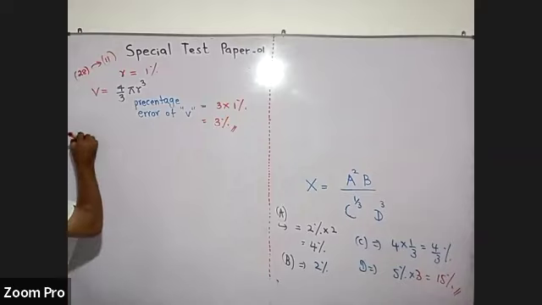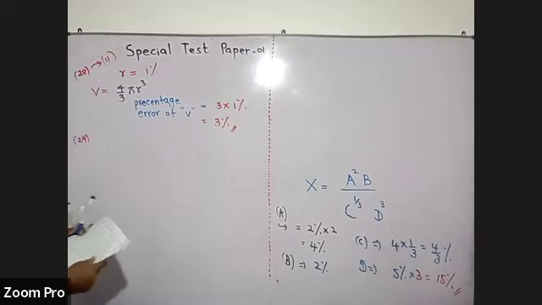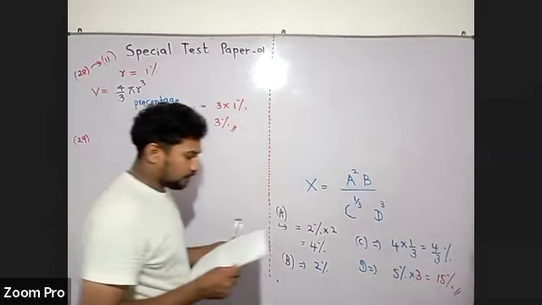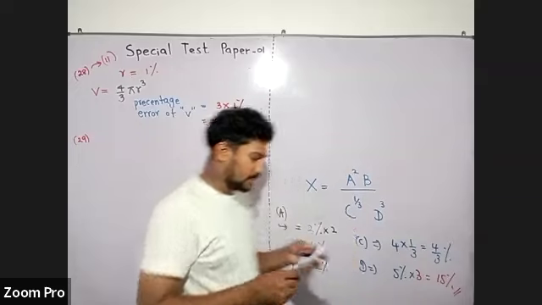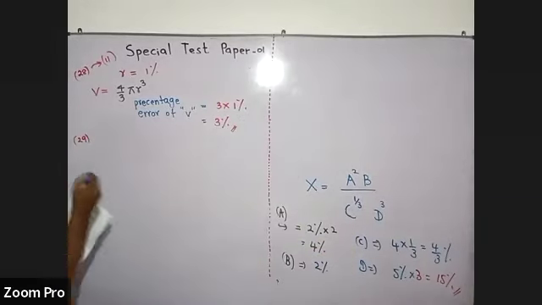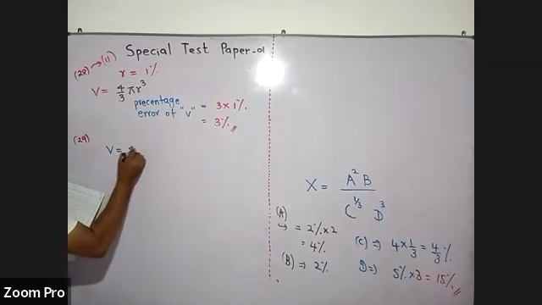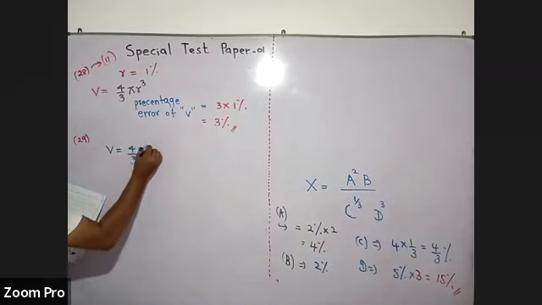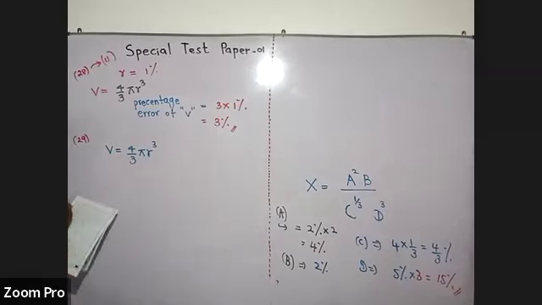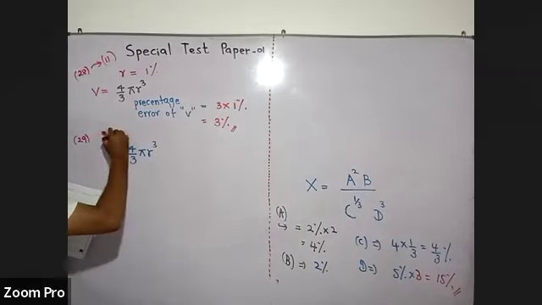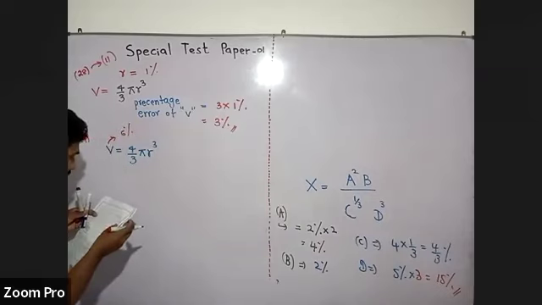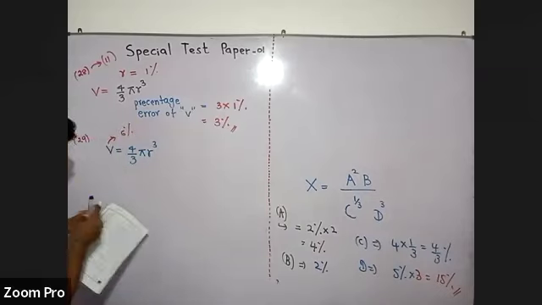Then, in the 29th question, the error in the measurement of the volume of a sphere is 6, right? Now the volume of a sphere can be obtained by using this equation, no? So the percentage error of measuring volume is equal to 6. Then the error in measurement of its surface area, right?